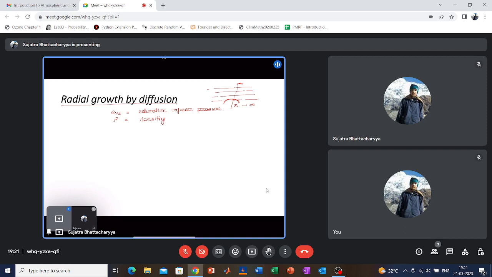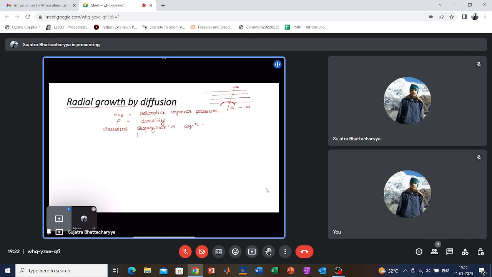Now the Clausius-Clapeyron equation, which we have derived also, is dEs by dT equals L divided by T times alpha Vs minus alpha L, the alpha of the saturated vapor and the alpha of the liquid.